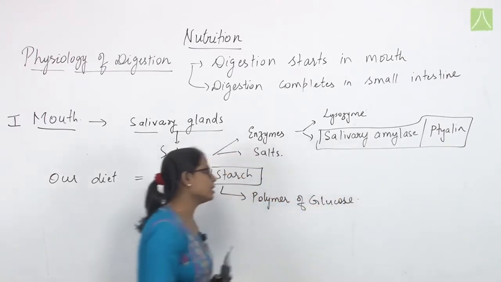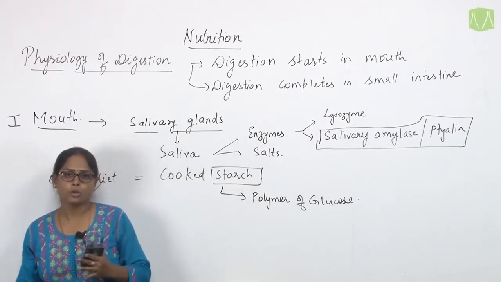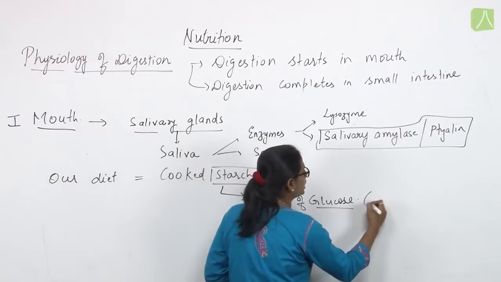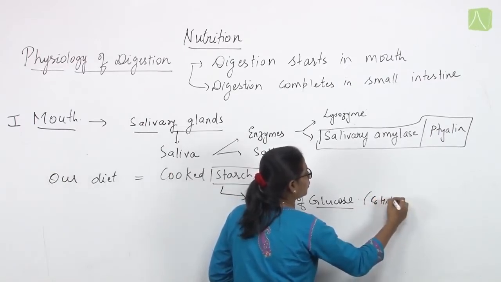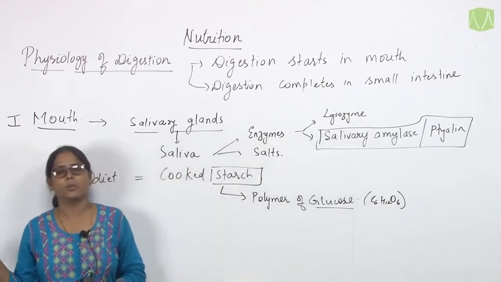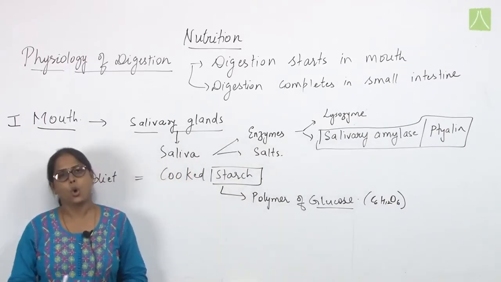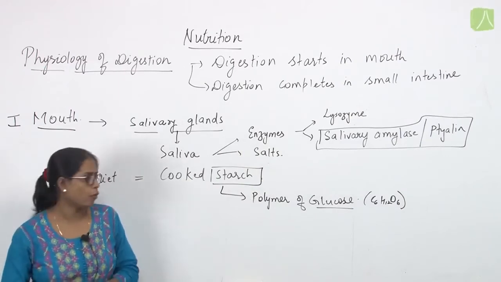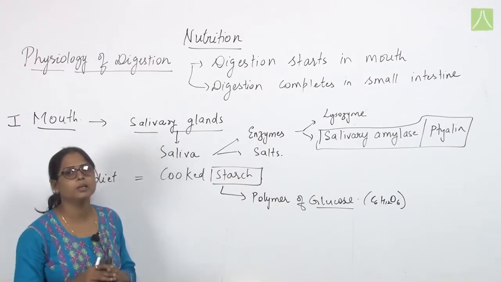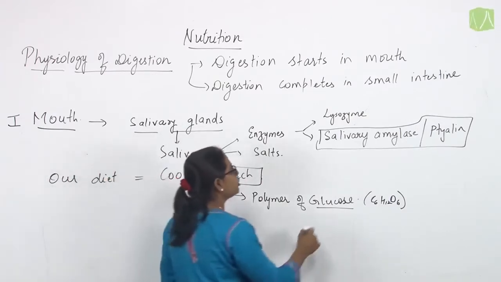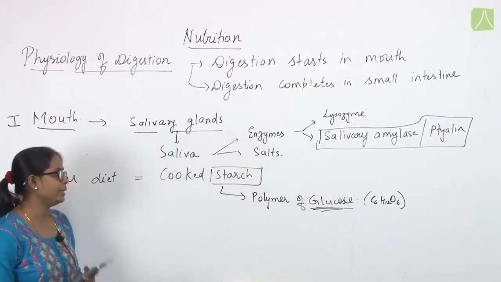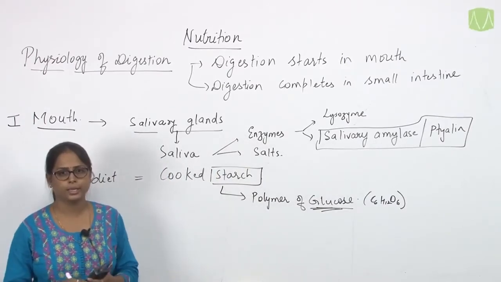That means starch is a long chain of glucose molecules, its monomer unit is glucose. And what is glucose? We all know, C6H12O6. When more than one glucose molecule combine in a chain, either in branched or unbranched form, it forms starch. Whenever starch breaks down completely, the simplest unit will be the glucose molecule.